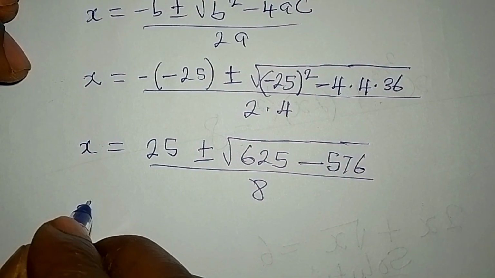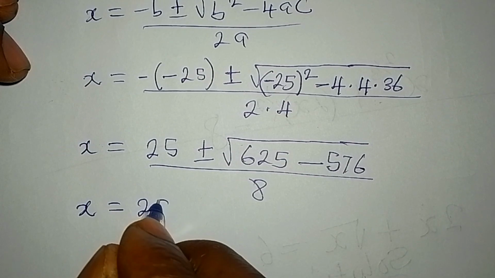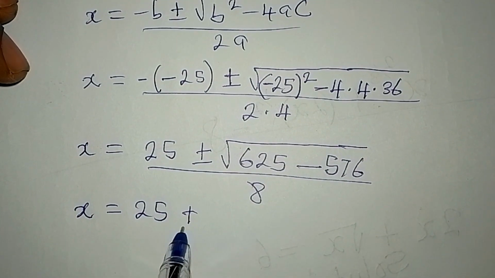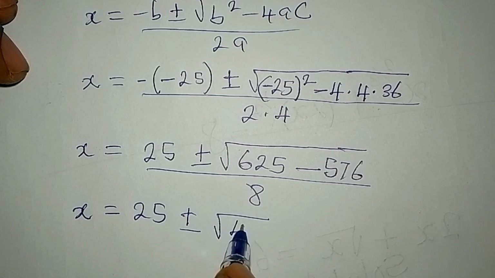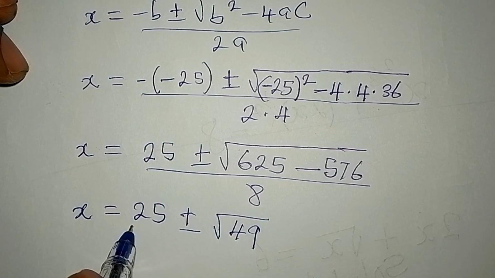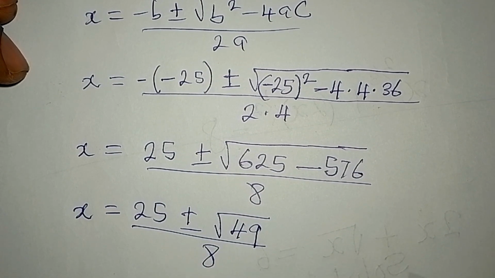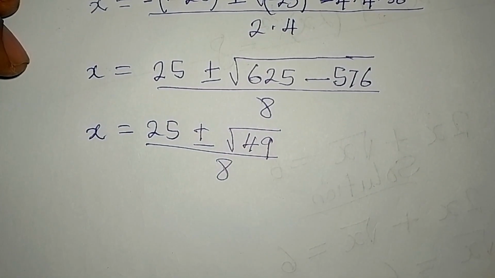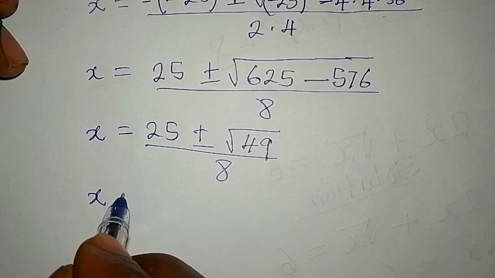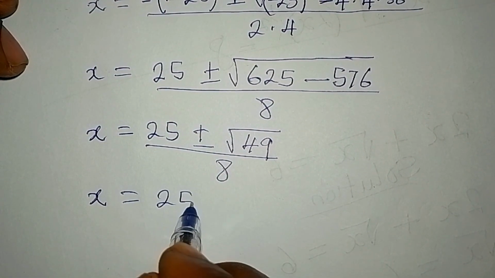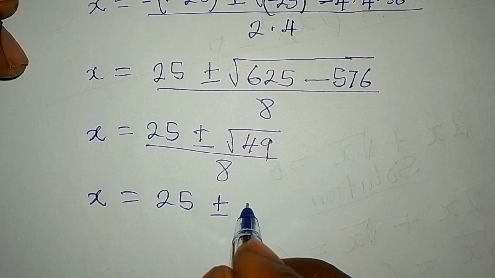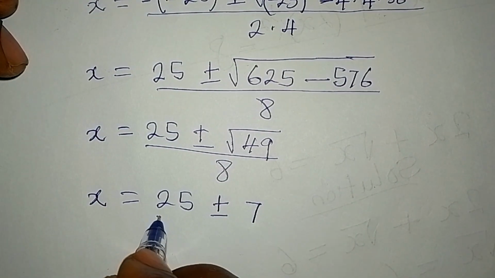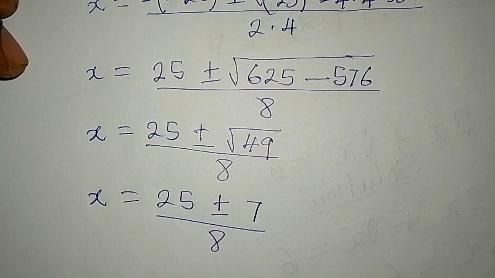Now we proceed. Our x will be equal to 25 plus or minus. If we subtract these two, we will have 49, and this will be over 8. Now x from here will be equal to 25 plus or minus square root of 49, which is 7, and the whole of this will be over 8.